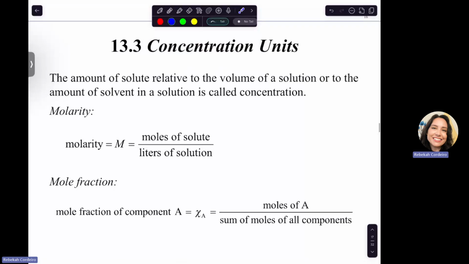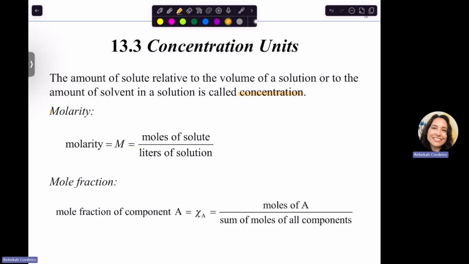All right. Concentration is basically the amount of stuff in the amount of other stuff. Like how much are you dissolving in your total solution or in the amount of solvent?